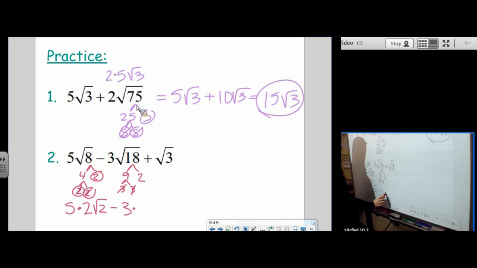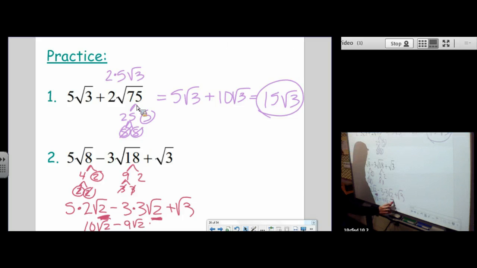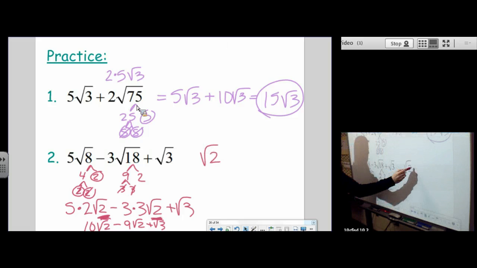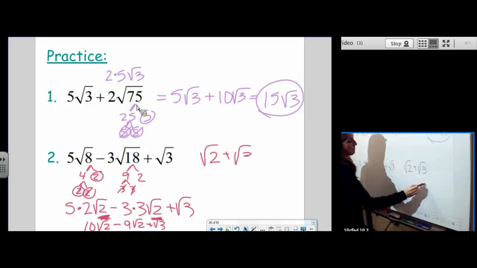A 3 escapes, and a 2 is left over. And that one you can't do anything to. So let's see, I've got a square root 2 and a square root 2. So those I can combine. That's like saying 10 root 2 minus 9 root 2 plus root 3. So 10 minus 9, that's just 1. So it's just root 2 plus root 3.